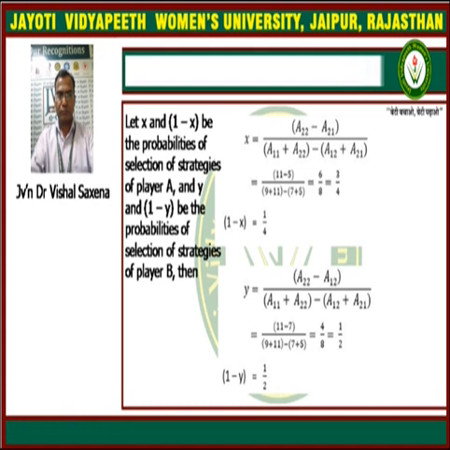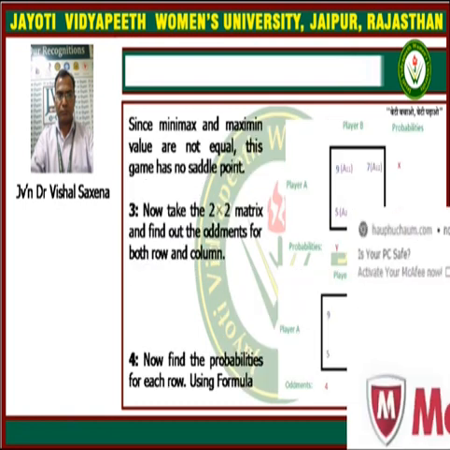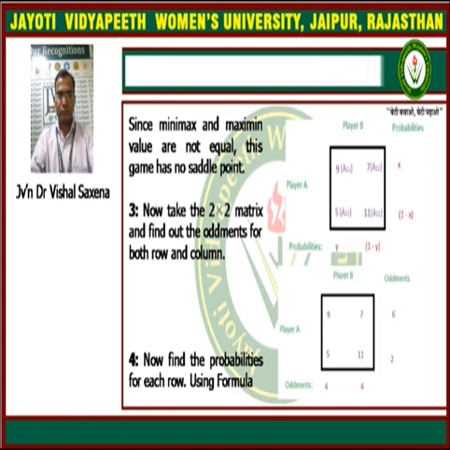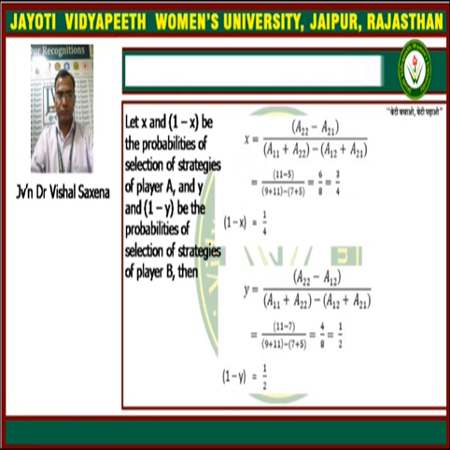So that is the formula, and we just have to put in the values of the respective terms like A11, A12, A21 and A22, which are the usual notations always used in matrix form. So in this way x can be obtained and it becomes 3 upon 4, and therefore if x is equal to 3 upon 4, that is the probability for the first strategy for player A.